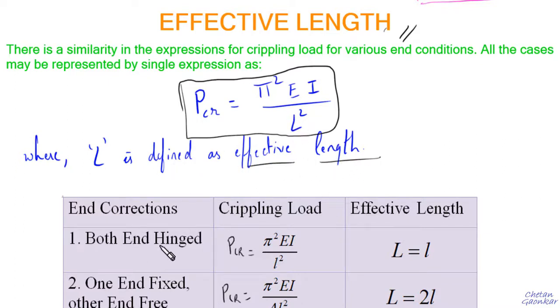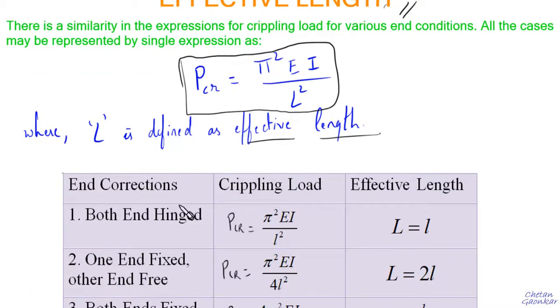For example, when both the ends are hinged, this L will be equal to small l, and therefore if we write small l in place of capital L, we get back the critical load formula for both ends hinged. Now in this L, if I substitute 2 times small l, I will get the critical load formula when one end is fixed and the other end is free.